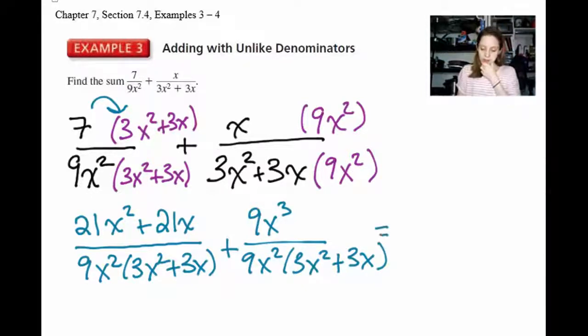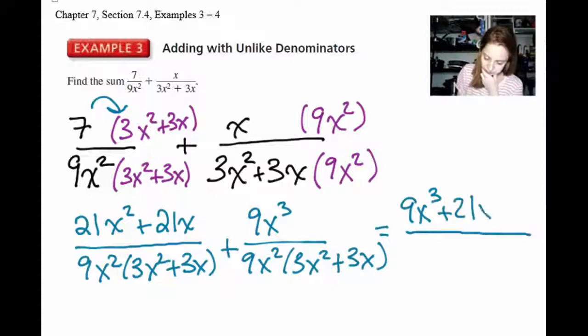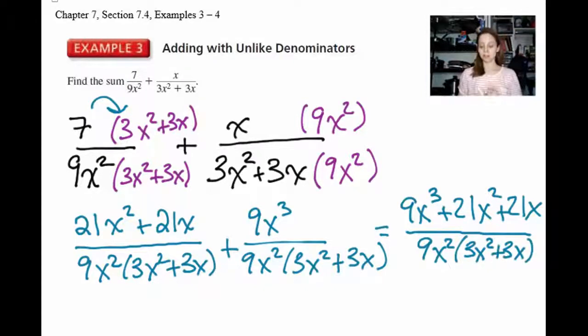Okay, and now I add. I get 9x cubed plus 21x squared plus 21x all over 9x squared times 3x squared plus 3x. Here I can simplify, so I'm not done.